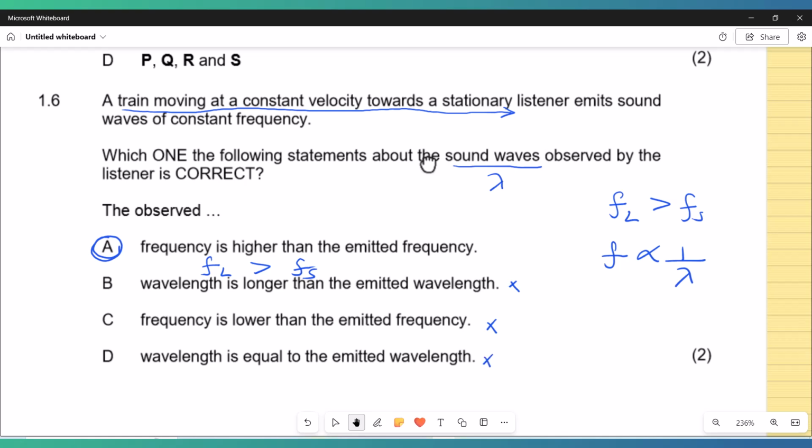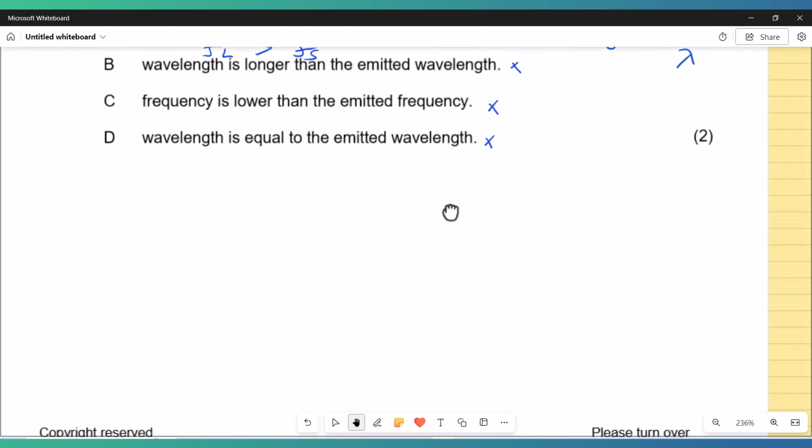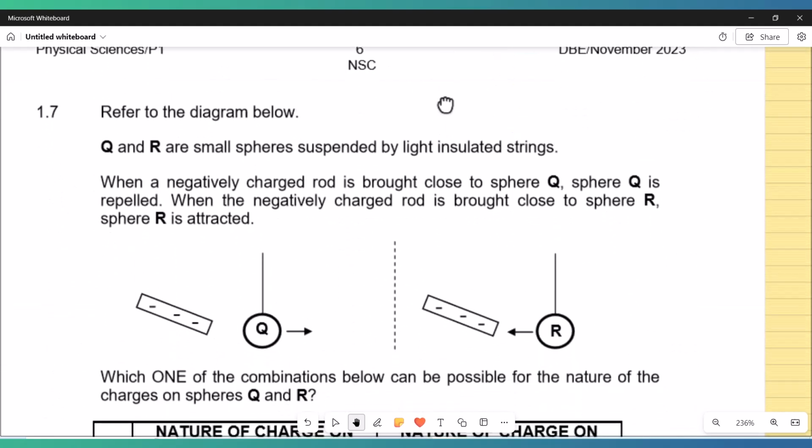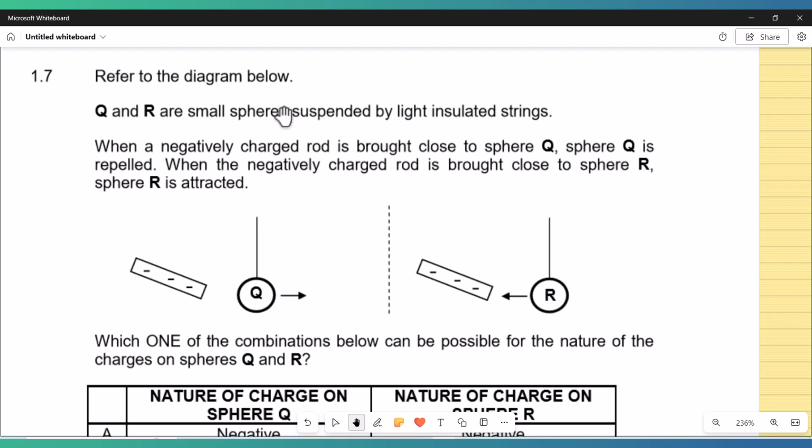Next question, that is 1.7. They say here, refer to the diagram below. Q and R are small spheres which are suspended by light insulated strings.